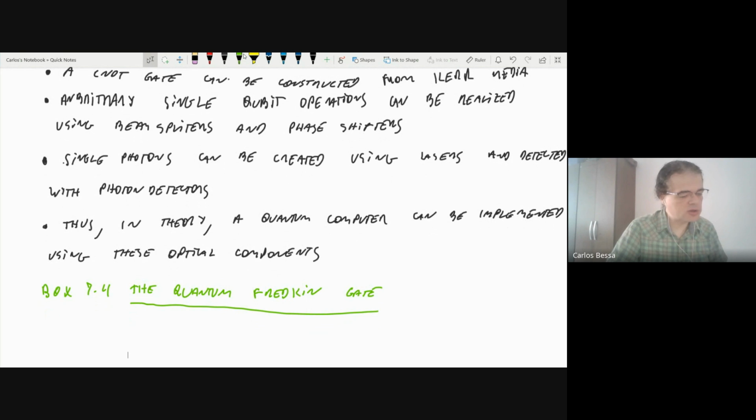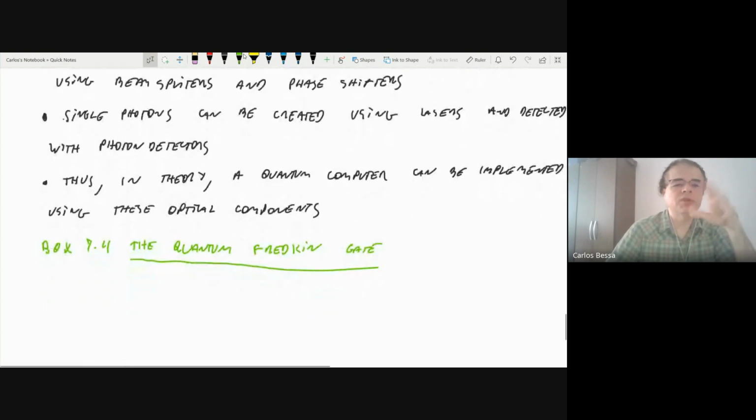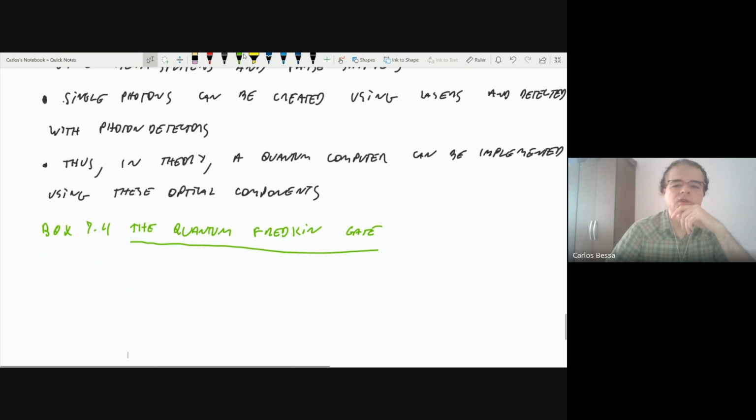We have the general idea that we use quantum theory, but for specific cases... I was in doubt, because here I think when the angle is pi, we reproduce the classical Fredkin. So let's discuss a little bit here because we don't have so much time.